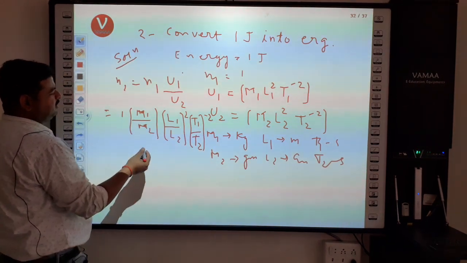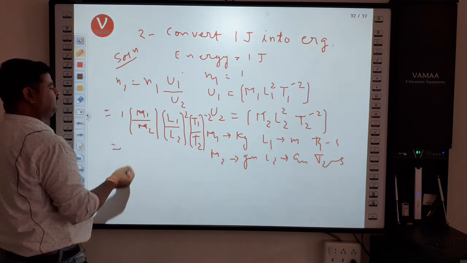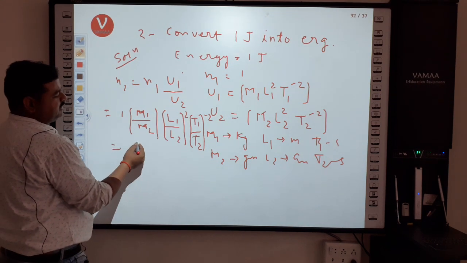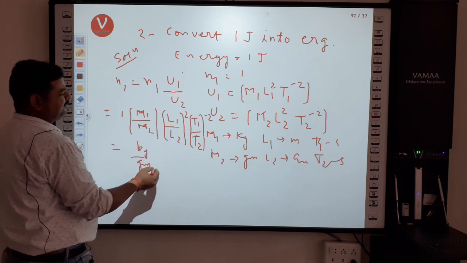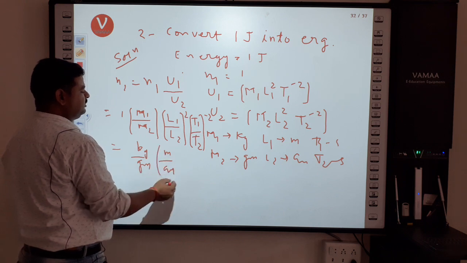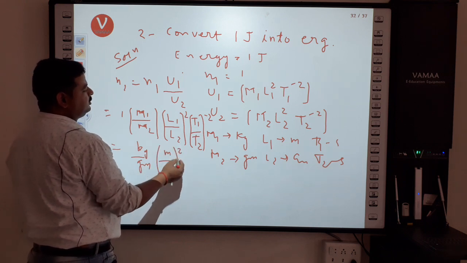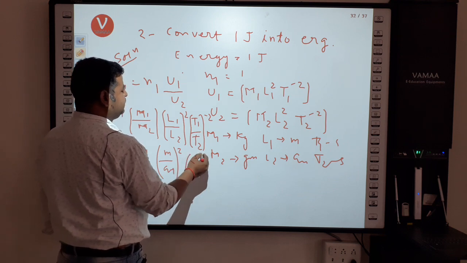Putting the values of M1, M2, L1, L2 and T1, T2 in the above expression, we get kg upon gram, meter upon centimeter raised to power 2, second upon second raised to power minus 2.